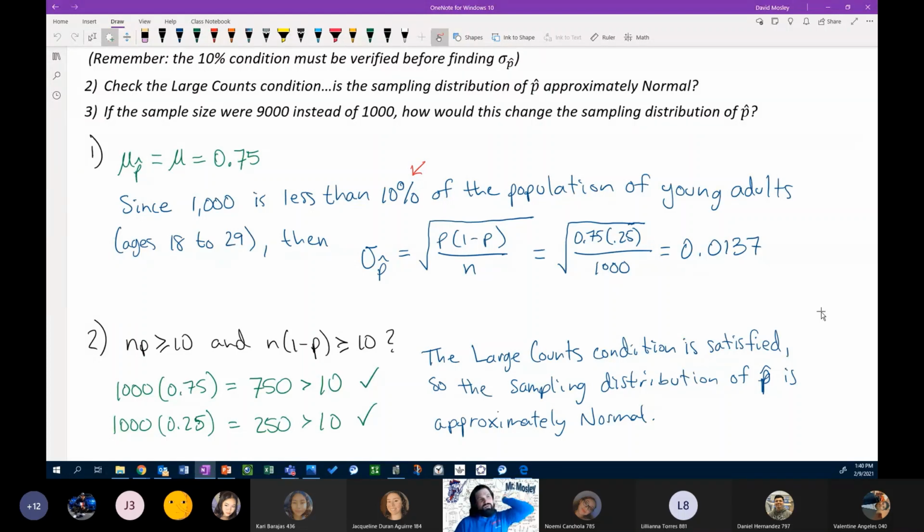It will also have no effect on the mean. The mean is only affected by the proportion from our population, the original parameter p. It's not affected by the sample size.